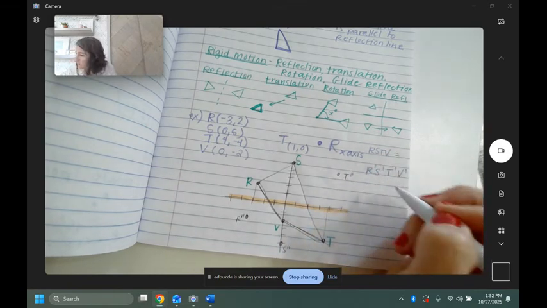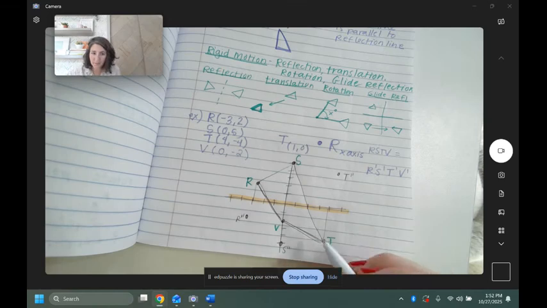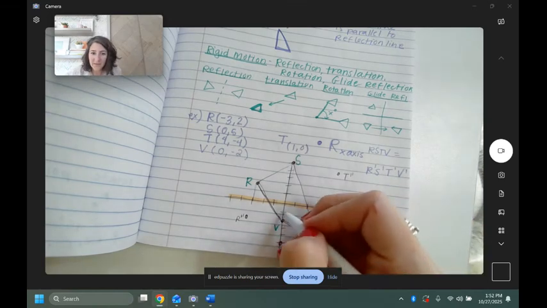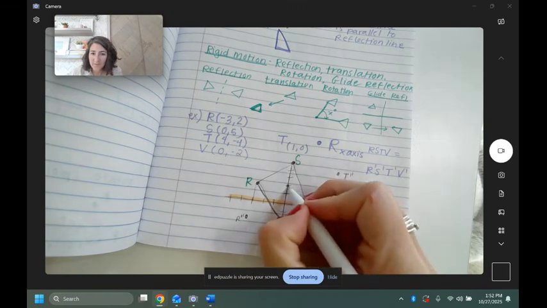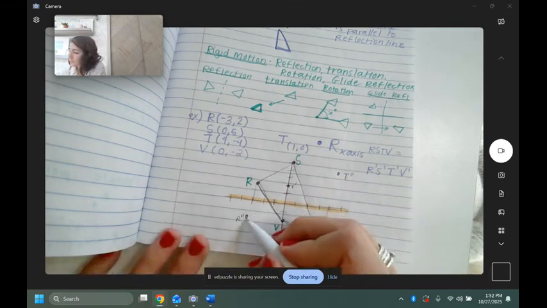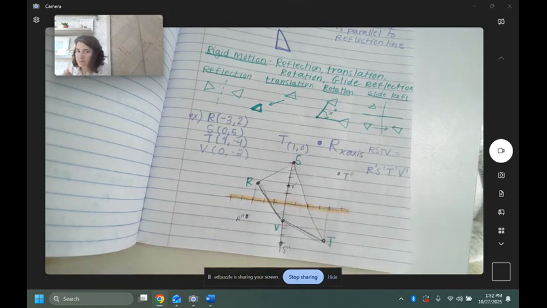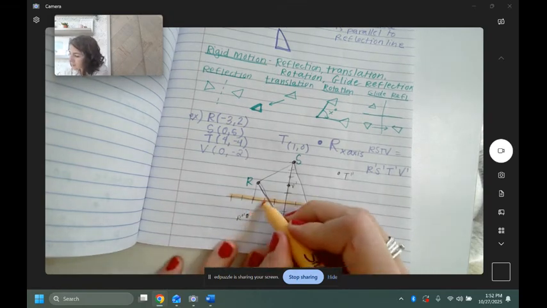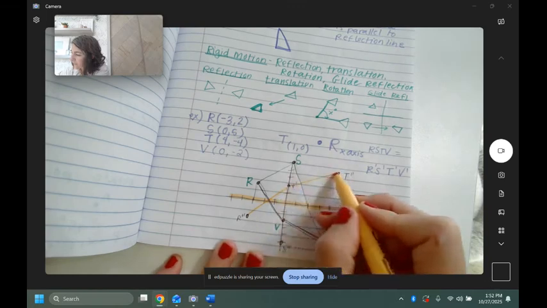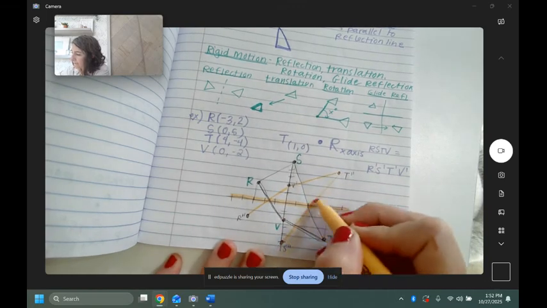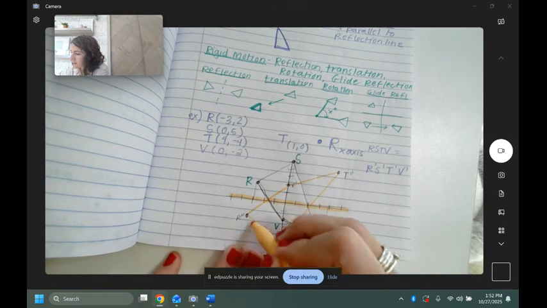That's my new T double prime. And then V is negative 2 to positive 2. So let's take a look real quick. I'll do this actually in this orange. So it's kind of a background piece.